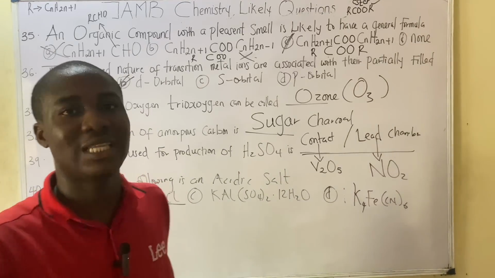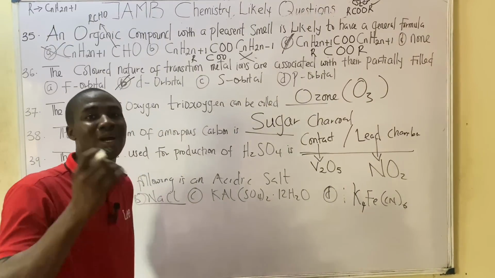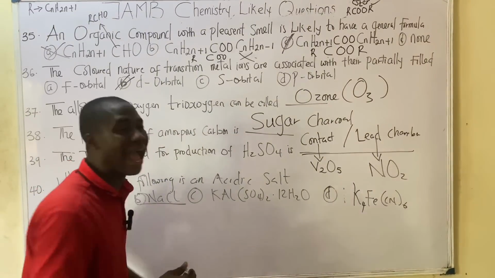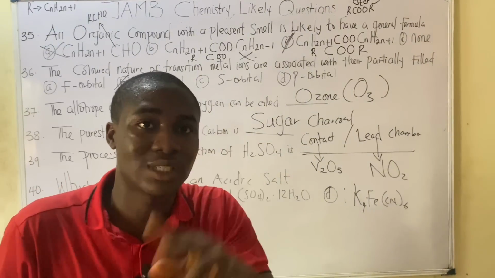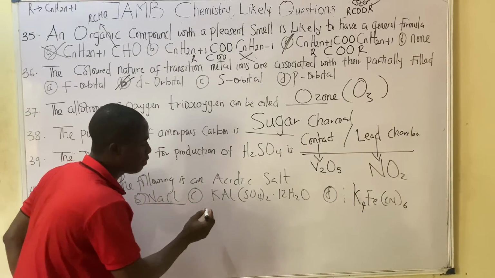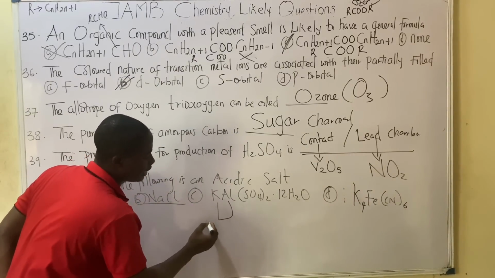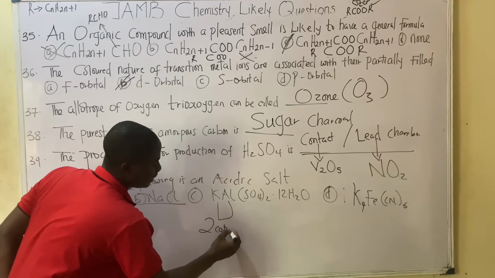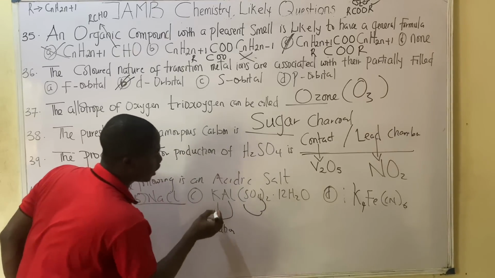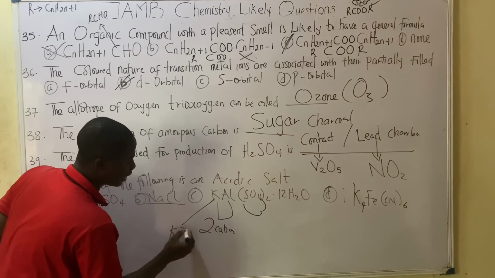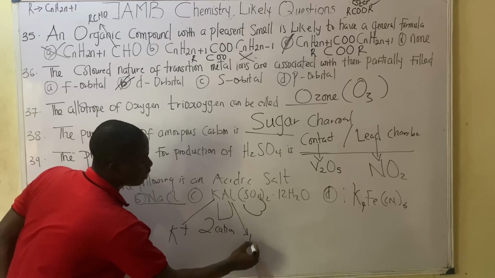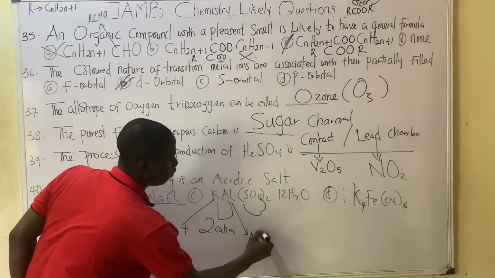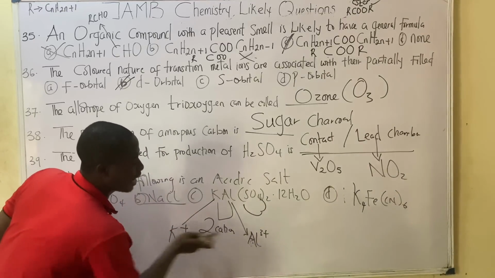You know, double salts have water of crystallization, but there is one key characteristic of them. They ionize to form 2 cations and 1 anion. Cations, remember, are positively charged. These are the 2 cations, whereby this is the anion. It is negatively charged. How do I call these 2 cations? Potassium is a metal. Aluminium is a metal as well, which is Al3+. Do you understand? So these are the 2 cations.